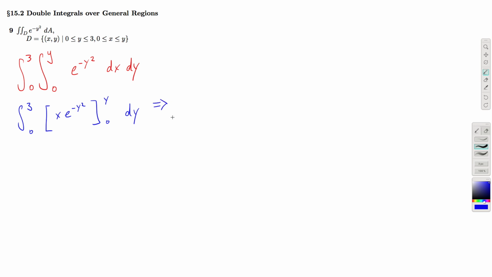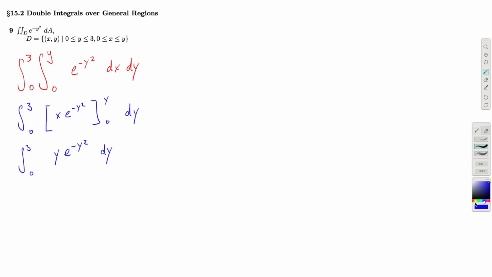Actually, no. So that means this is going to equal y e to the negative y squared. Yeah, that's it. Don't worry about subbing in the 0 because you're just going to get a 0. So that is it. So now we have to integrate this with respect to y.